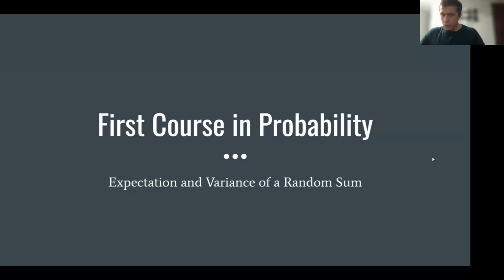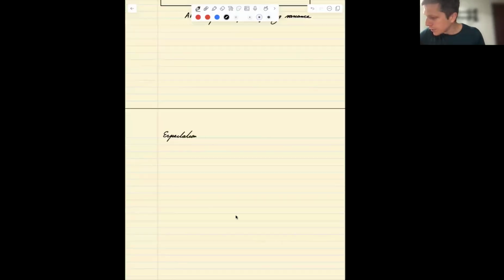All right, using the tools that we now have with conditional expectation, conditional variance is good. It makes our lives much easier now for calculating expectation and variance of a random sum.